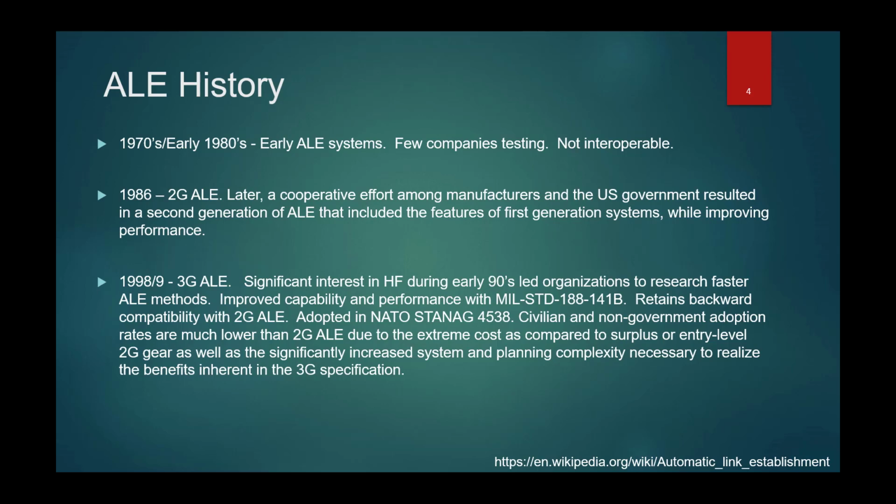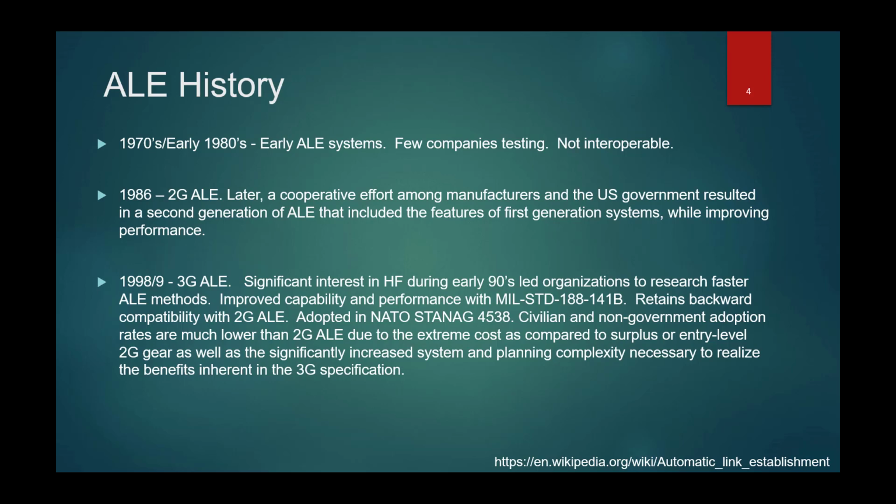Now in 1998 and around 1999, third generation automatic link establishment was finally adopted, and that was due to significant interest in HF during the later 80s and 90s, in which people were trying to research faster ALE methods. Second generation ALE is slow for link up. It can take 10 seconds or more to link up.